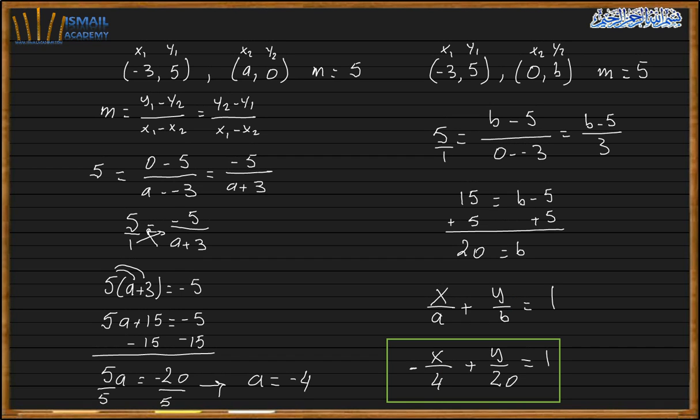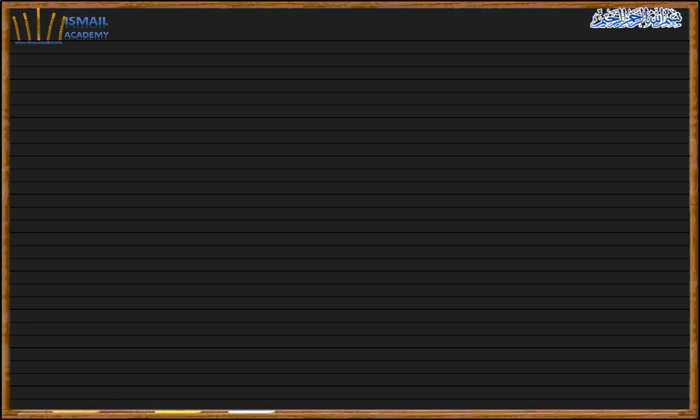Let me give you another example. So in the second example, they didn't give us a slope, so they give us only 2 points. Again, in the first step, I would need to find the slope.